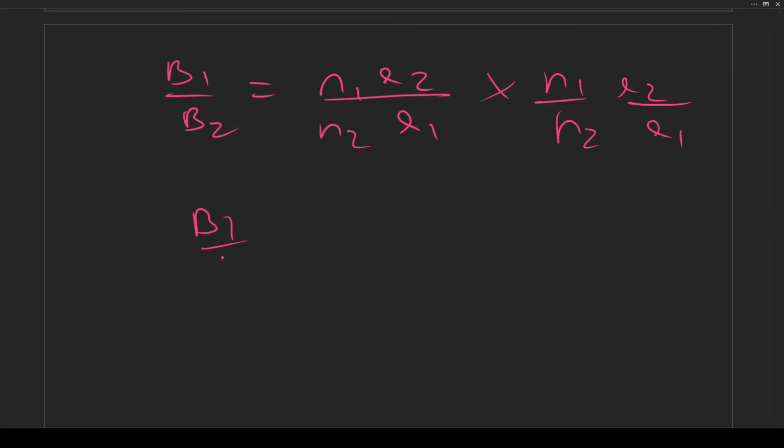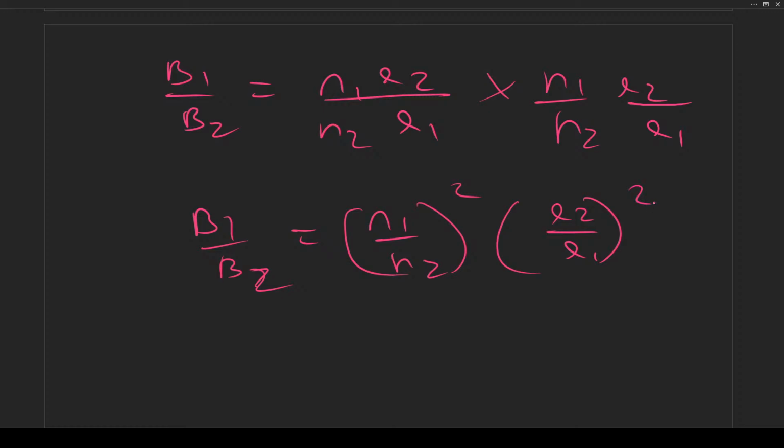This is the same as B1 by B2 equal to N1 by N2 whole square times r2 by r1 whole square.